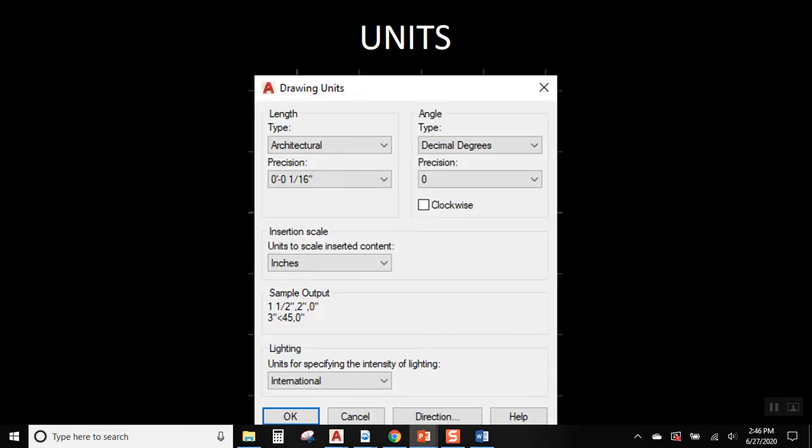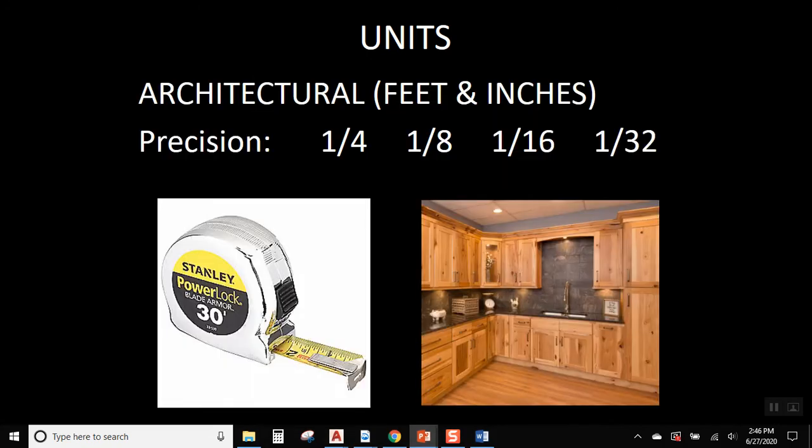Right? Architectural units. Architectural units are going to be when we are measuring large things. We're doing furniture, rooms, houses, buildings, parking lots, property maybe. Okay? Things you would measure with a tape measure, right? So the level of precision probably depends on what you're building. If we're working on cabinets, maybe we're building to the nearest 32nd of an inch.